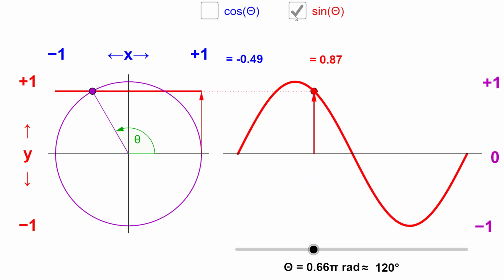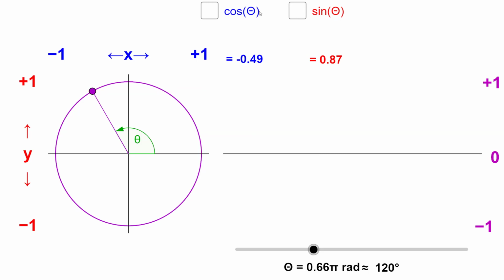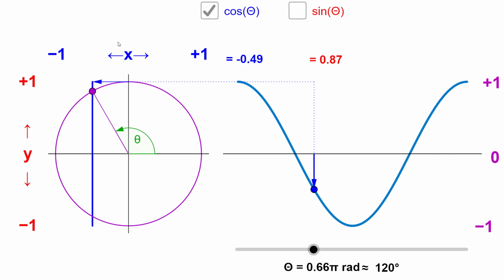Well, remember with the sine function, the height of the sine graph on the right and the height above the x-axis on the unit circle were actually both the same height. But for the cosine, there's that switch. On the left, we're talking about x distances.